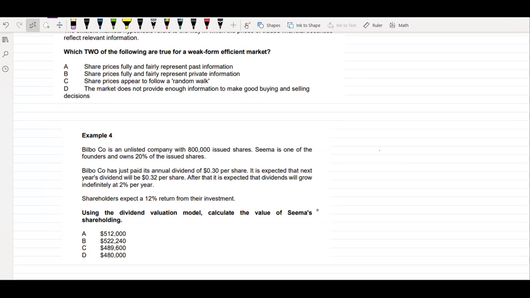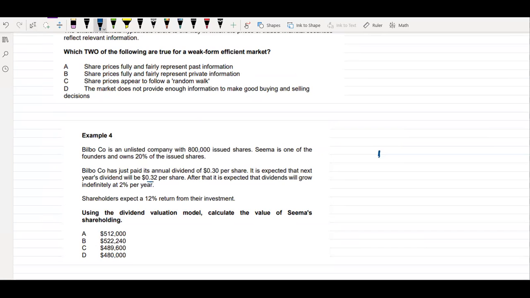So, what is the dividend of year one? बताएं? What is the dividend of year one? 0.32.